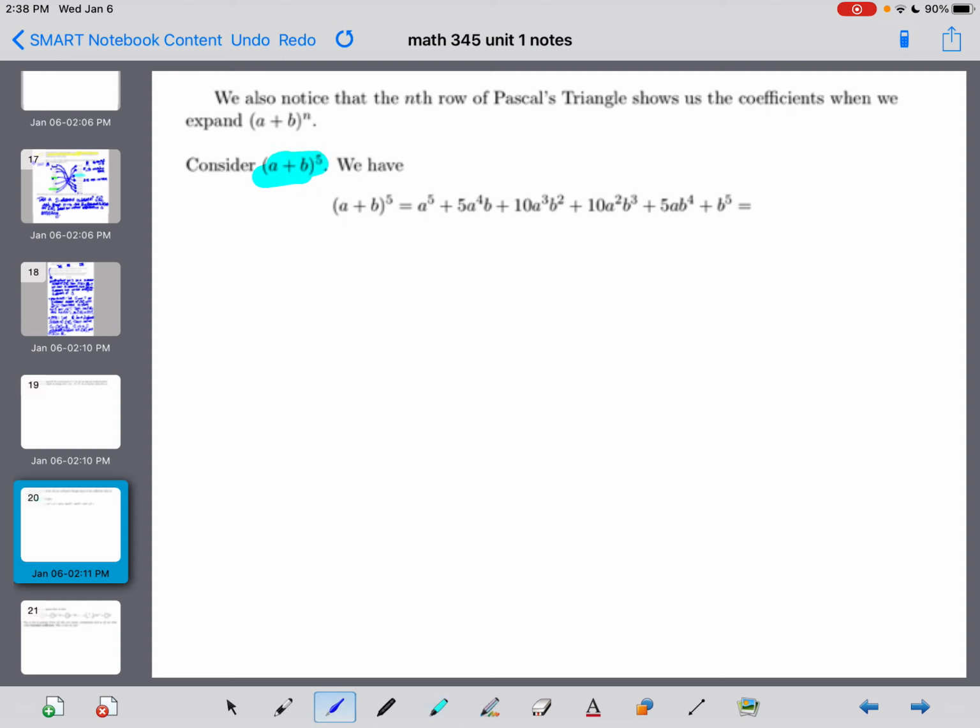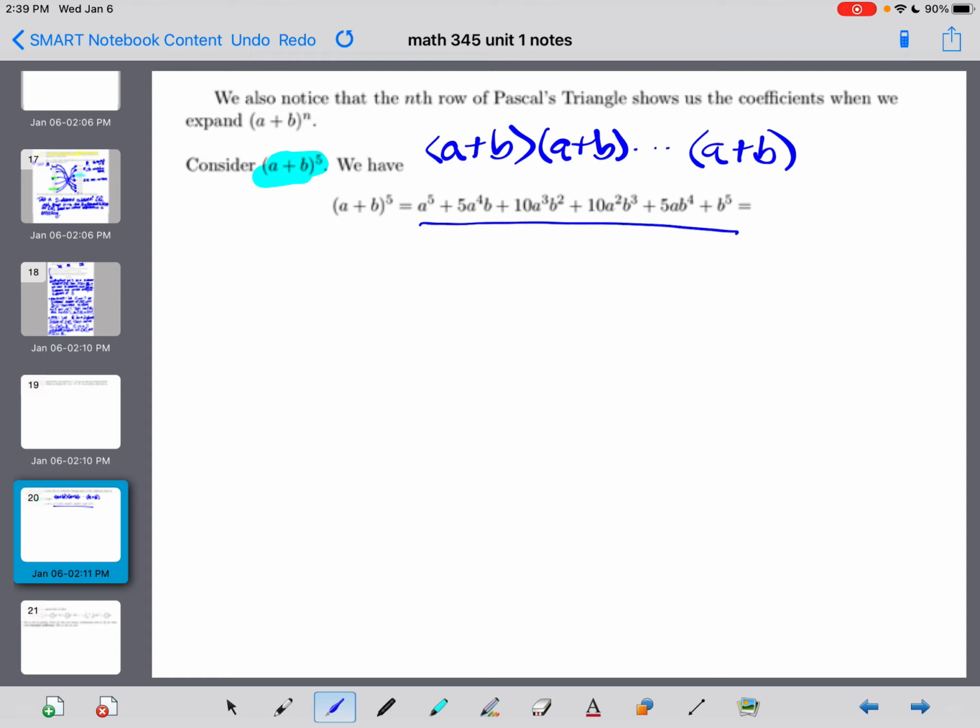Remember, that means a plus b times a plus b times a plus b, 5 copies of a plus b multiplied together. And if we wanted to actually multiply that all out, I won't make you do it because it's messy, you need to distribute 4 times and it gets to be this really long thing. But once you simplify, you get this expression right here.